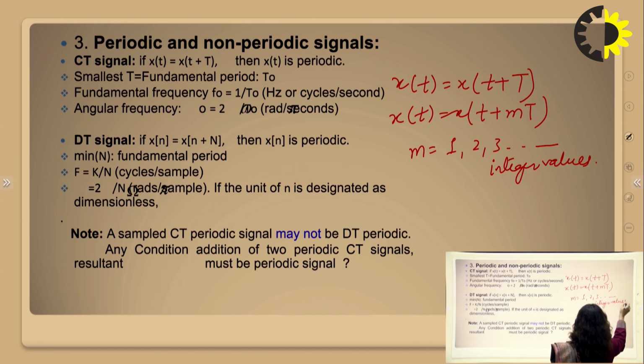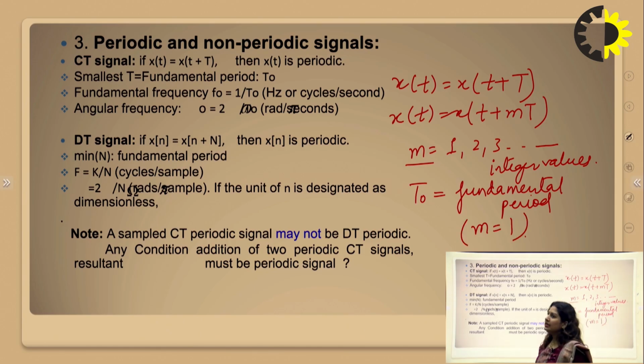For every integer value of m, the signal will repeat itself after a certain period of time. The smallest possible value of T naught is known as the fundamental period, and this smallest value is at m equivalent to 1.